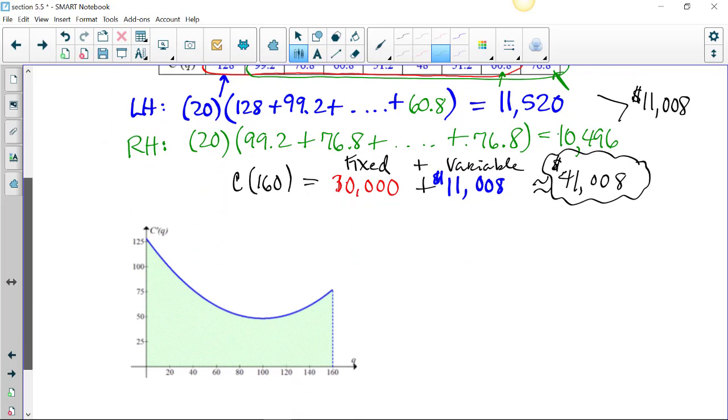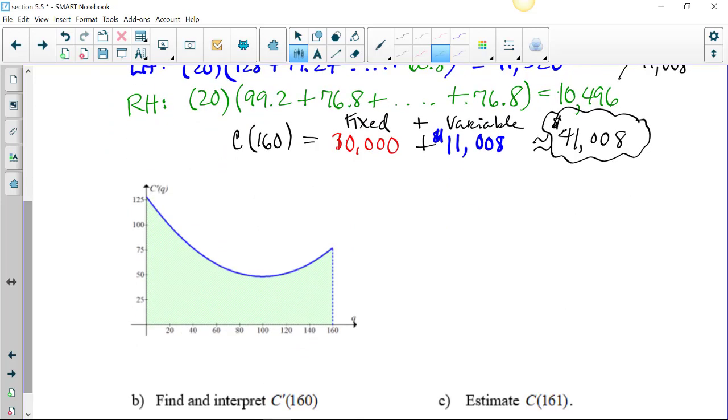But here's the graph, so let's take a peek at it. It's kind of cool. So we're basically saying that our total variable cost would be this area here in green, the 11,008. Okay. Be that area.